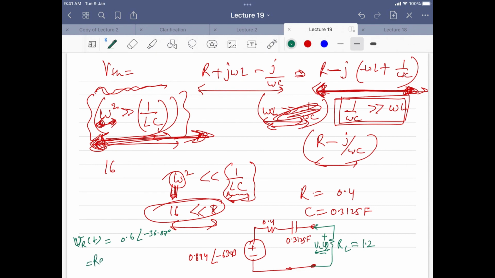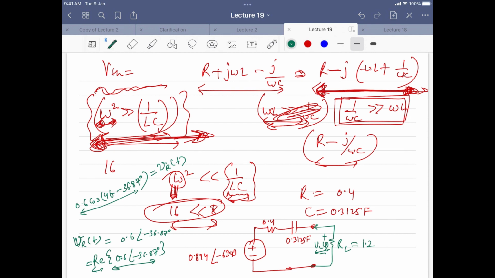I will write it by operating real part on this. 0.6 angle minus 36.87 degrees. So if I operate real part on this polar format, I will get 0.6 cos, what is the omega here? 4, right? 4t minus 36.87 degrees. So this is the answer for the voltage across the resistor.